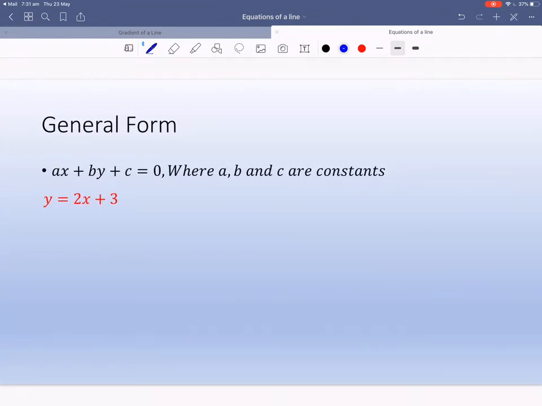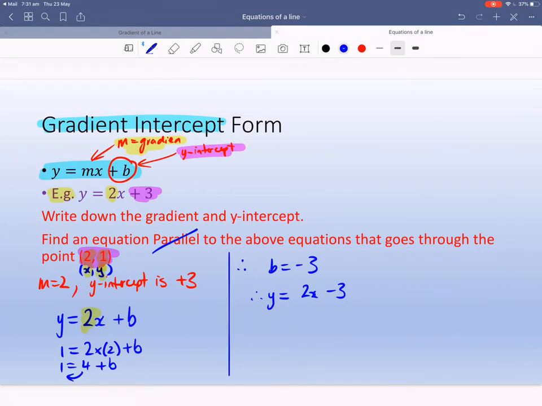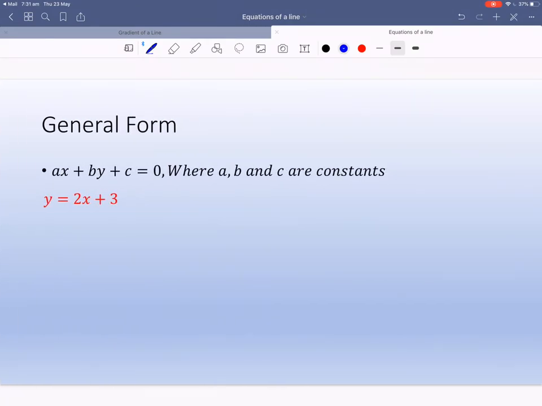Now we have general form. So we have gradient intercept form, which is really good to find the gradient and the y-intercept. General form is another form that we use. I'm going to use the same equation that we looked at before and put it into general form. What it wants is for us to make it equal to 0, so we've got to move everything across. We want the coefficient of x to be a positive number.